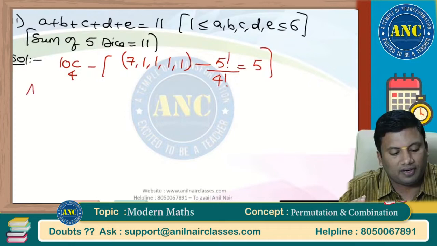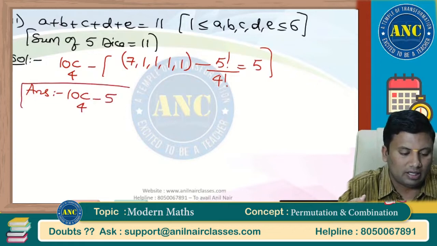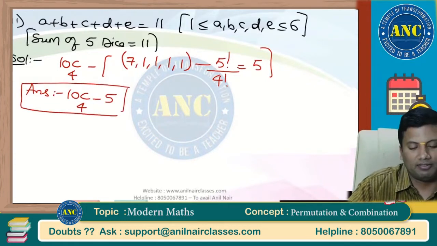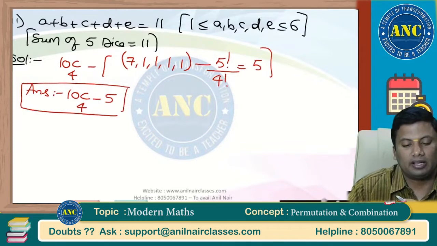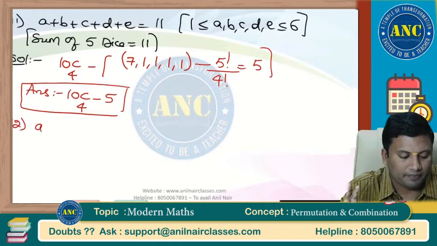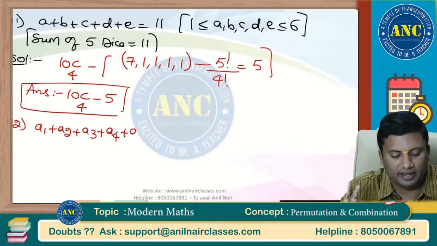So the answer for this question is 10C4 minus 5. In how many ways can the sum of 5 dice be 11? 12th question. A1 plus A2 plus A3 plus A4 plus A5, which is nothing but 20.